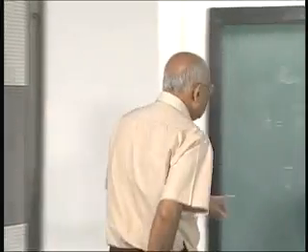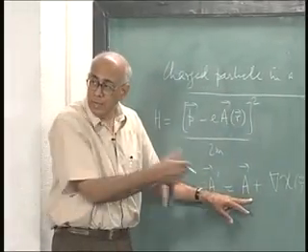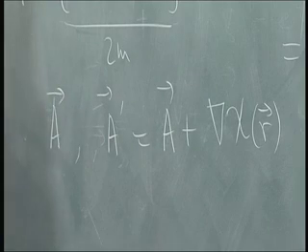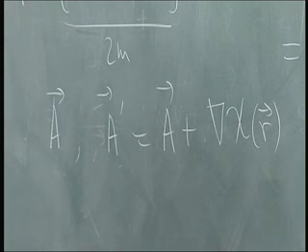Next time I will tell you how to do this. You need to introduce a phase factor into the wave function. So along with the gauge transformation for the field, you also have to make a transformation on the wave function, and it is a package deal. Then you are assured that the system is gauge invariant. This phase factor will not be a measurable quantity, because physical quantities will depend on phi star phi and this phase factor will cancel out, except in some very interesting situations where the space you are working in is not simply connected.